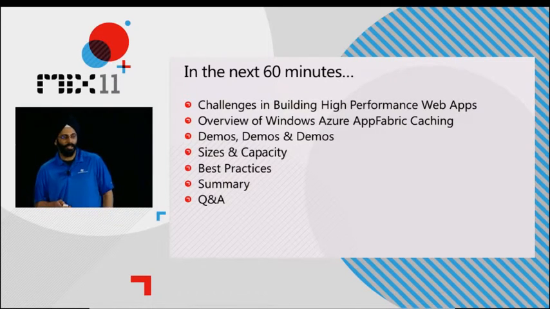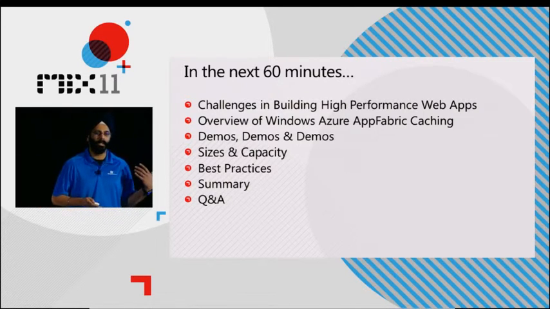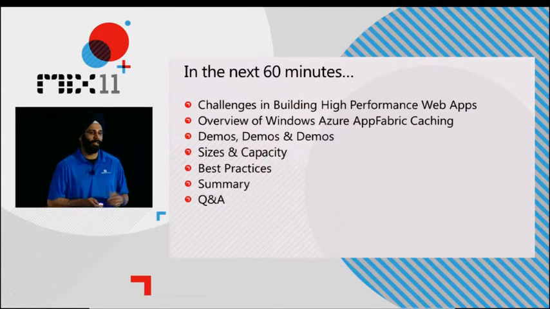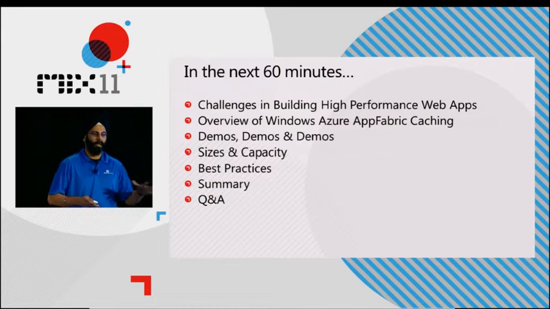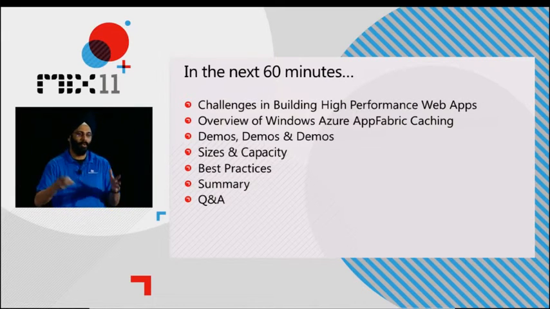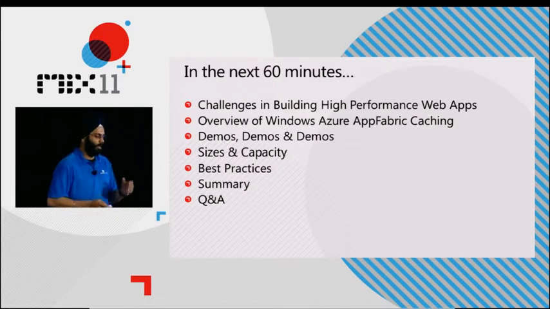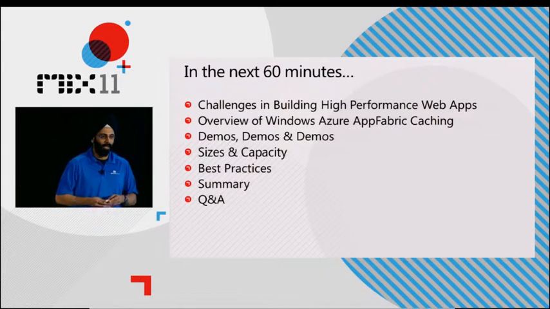We definitely want to share a lot more information than we did in the past, because we announced yesterday in the keynote that Windows Azure AppFabric caching will be commercially available in the next 30 days, hopefully by end of the month. We'll get into some details about the sizes, the capacity, and other things you need to worry about when you start using this. We also recently published an article in MSDN on how to use this.